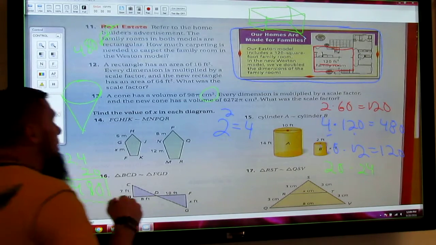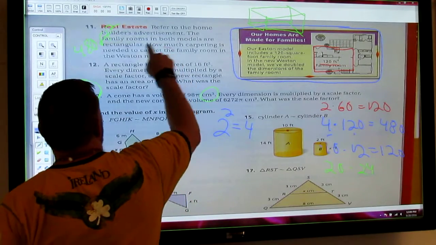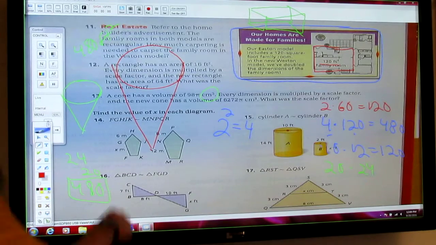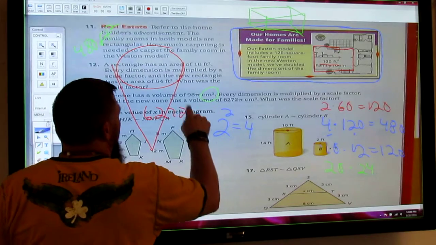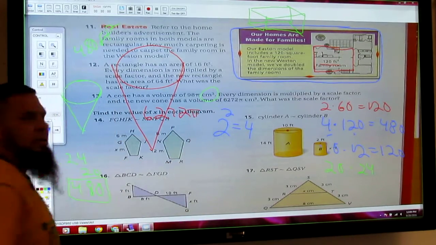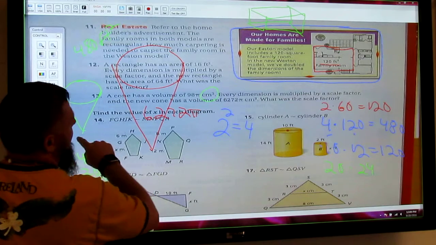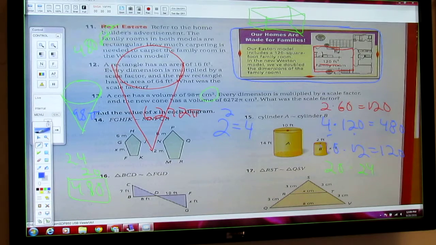So, if another cone, right? If this cone is 6,272 pi, right? And this cone is 98 pi, right?